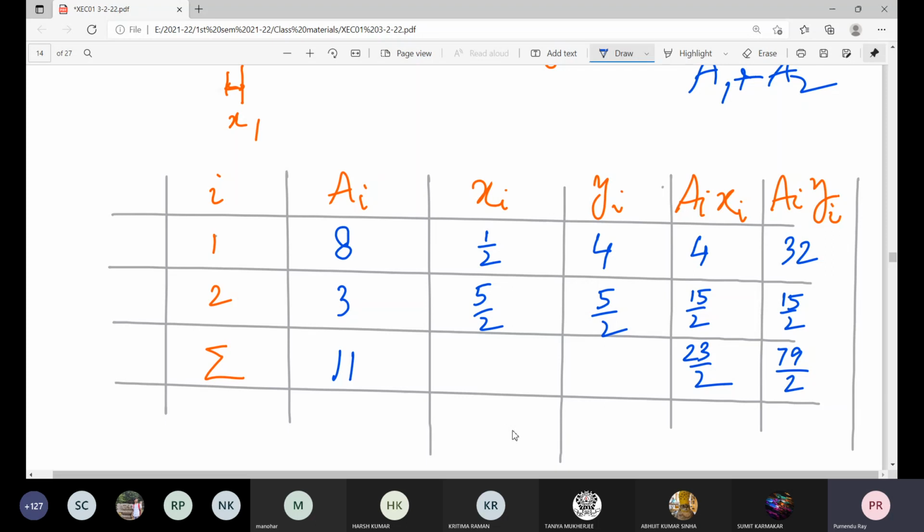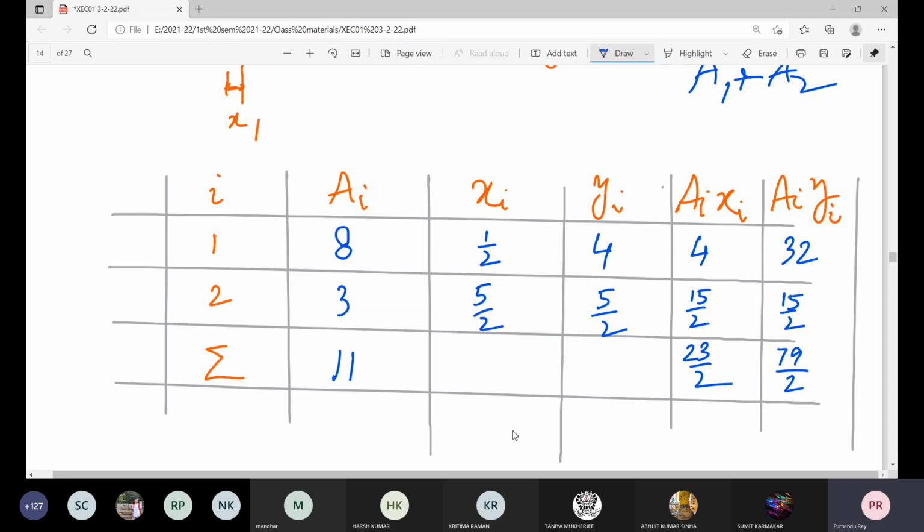Next, XC is summation AI xi over summation AI, that is 23 by 2 divided by 11 inches.